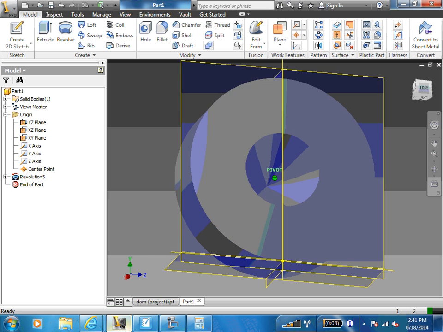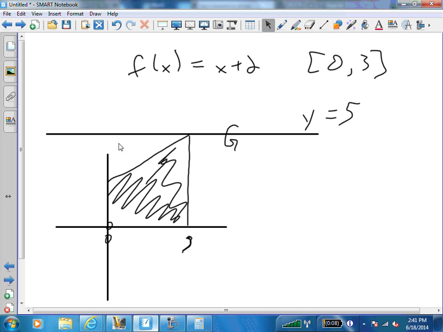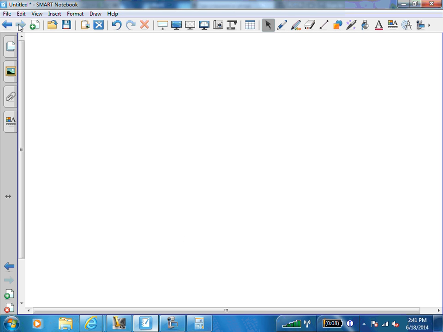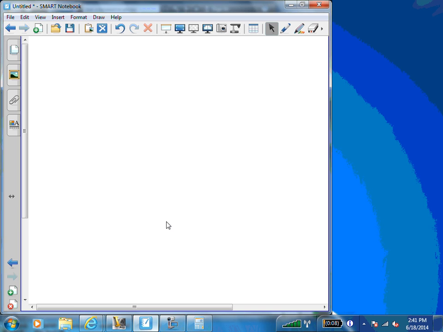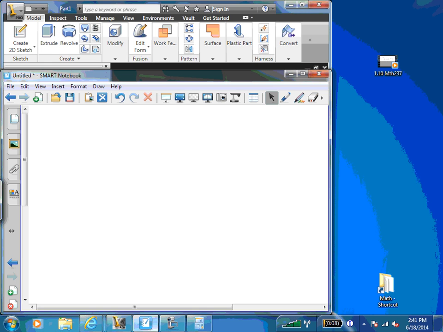So if we have a hole, we're still going to use our same basic approach, but we have to make a slight modification. While the general process is called the disk method, when we have a hole in there, we actually use what's called the washer method. Now let's illustrate this.